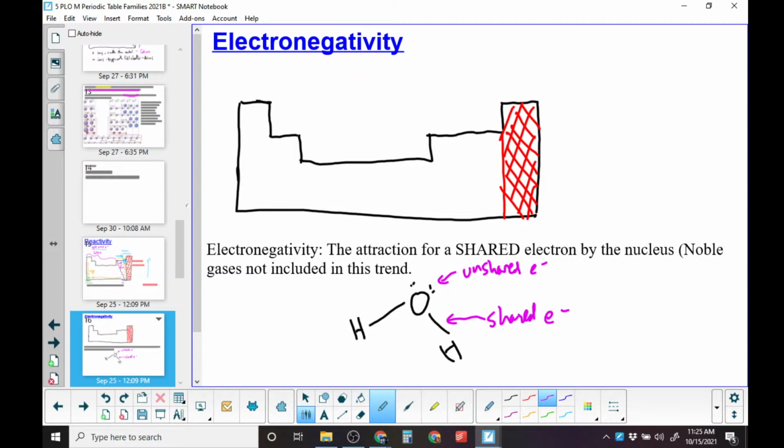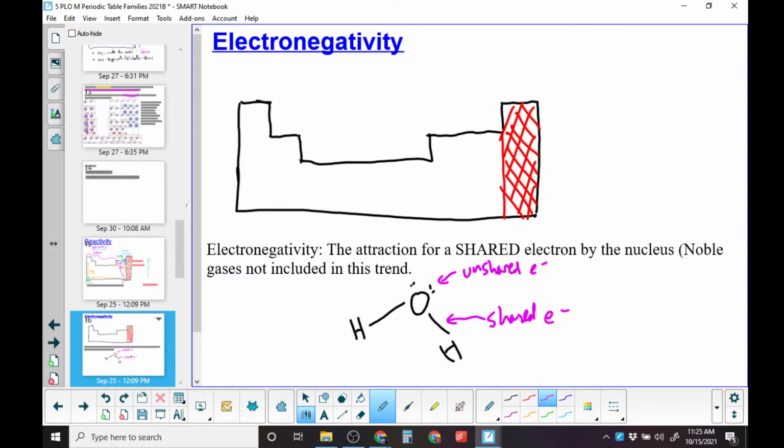I'll pick a random person and then that group will be on. Elect a spokesperson. So Evan's group. Explain what electronegativity is without just reading that sentence, in your own words.